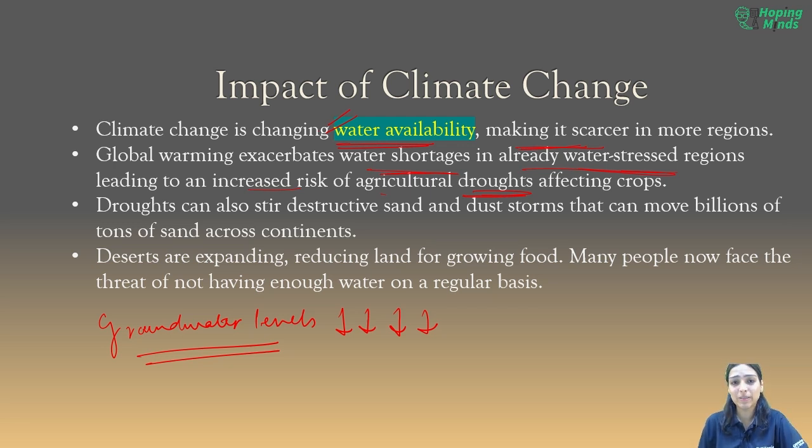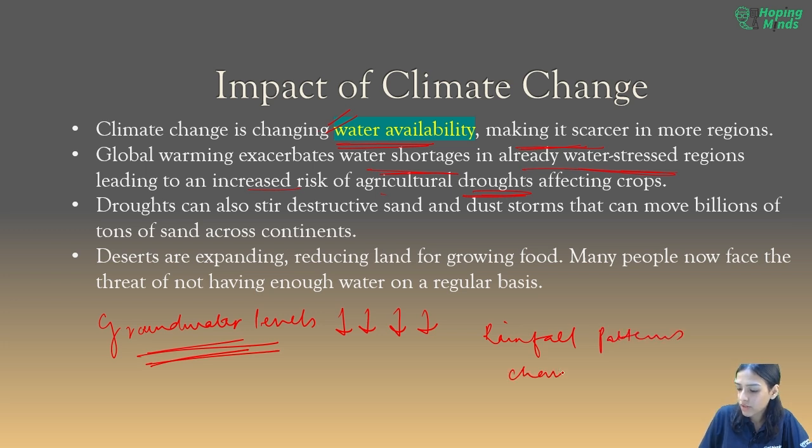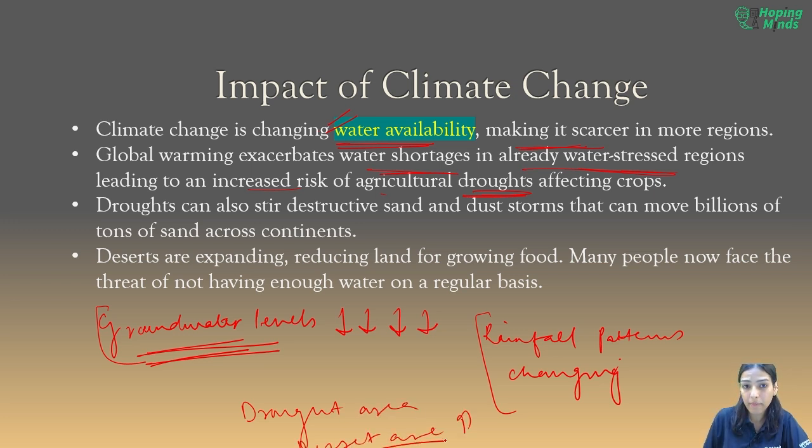The deserts are expanding and reducing the land for growing food. Now, because of these falling groundwater levels and the rainfall patterns changing, the drought areas, the desert areas are increasing.